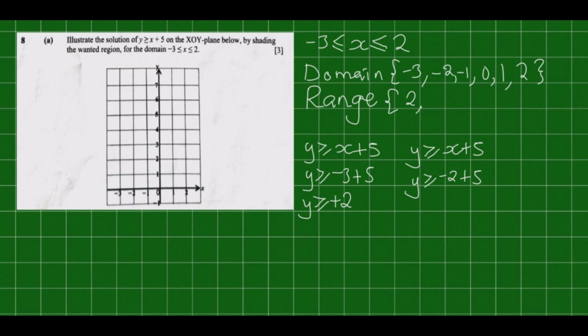So we say y is greater than or equal to, so which number is bigger between 5 and -2? We know that 5 is bigger, so our answer will be positive. So 5 minus 2 will give us 3. So when x is equal to -2, then y will be equal to 3. When the domain is -2, the range will be 3.